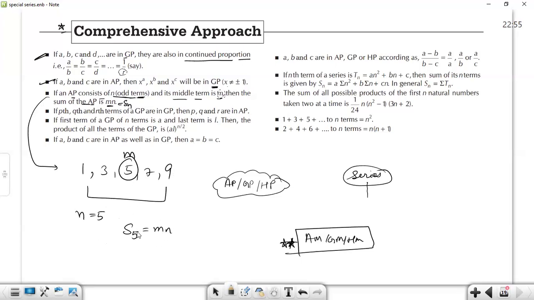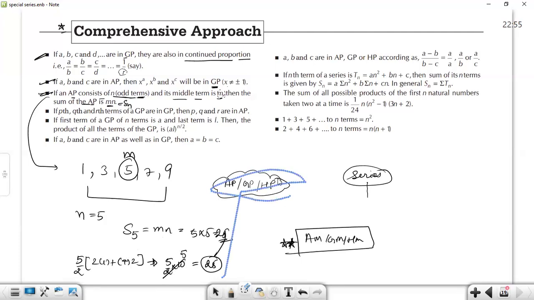Let's find out what S of 5 is. So n by 2 into 2a plus n minus 1 into d, where d is 2. This becomes 2 plus 8, that becomes 10. 5 into 5 becomes 25. And M was 5, n was 5, so M into n is 25 itself. Yes, it is true. The example also verified this fact.